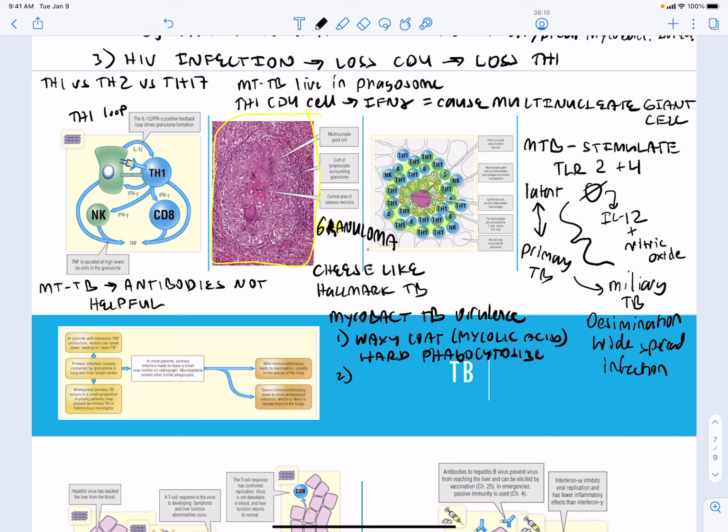It also has the ability to live in a phagosome. And it's secreting catalase. So it prevents the oxidative burst.